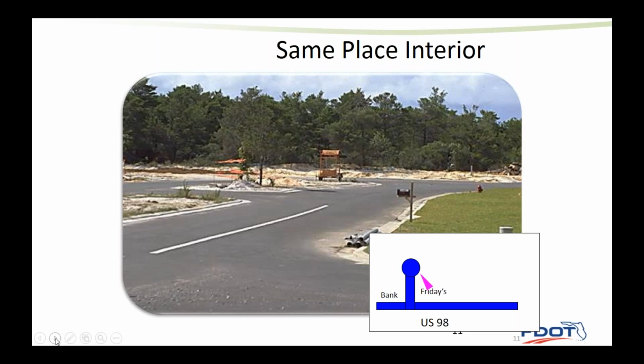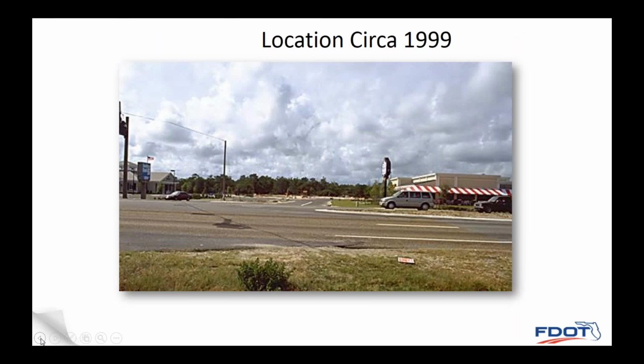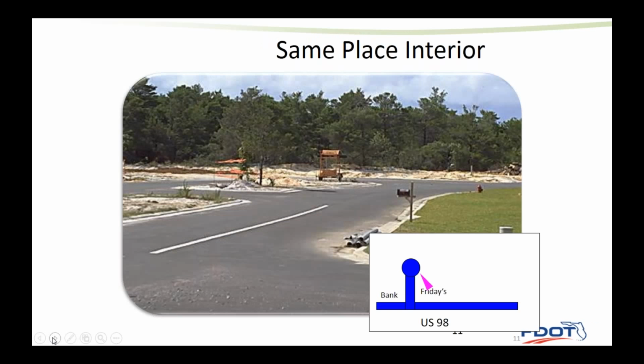So over time, and this was at a TGI Fridays and a bank, and that last picture showed the TGI Fridays on the right and the bank on the left, and those are kind of the points. And the next slide shows you the end of their driveway.